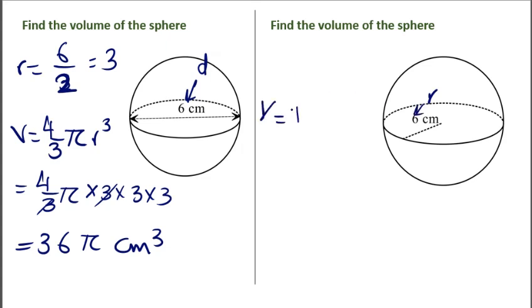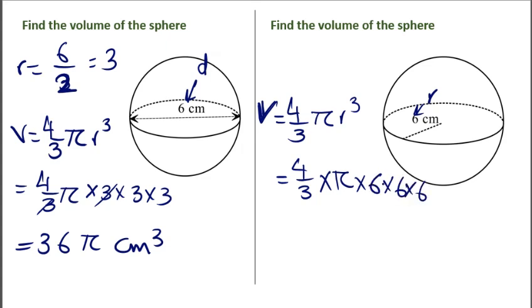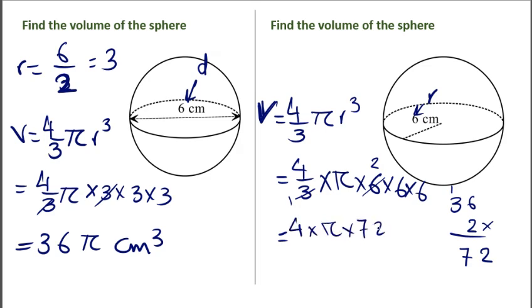So volume will be 4 over 3 pi r cube, which is 4 over 3 times pi times 6 times 6 times 6. 6 divided by 3 is 2. 6 times 6 is 36. 36 times 2 is 72. So 4 times pi times 72. 2 times 4 is 8. 7 times 4 is 28.